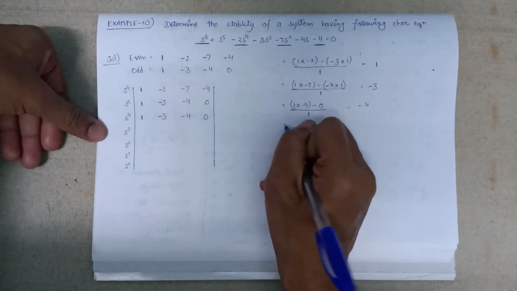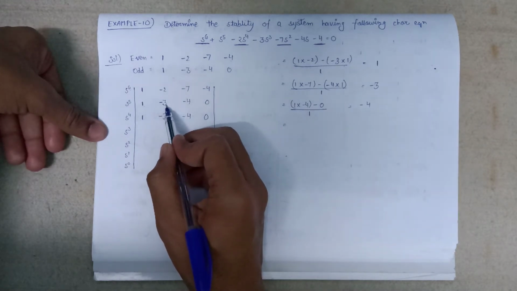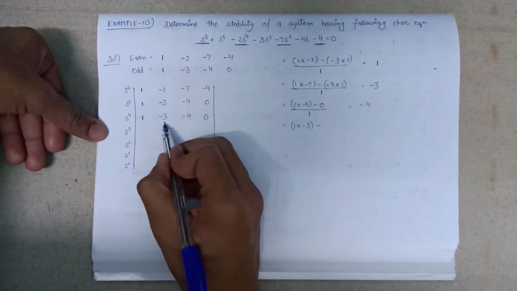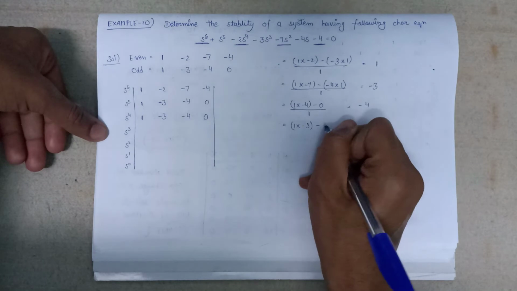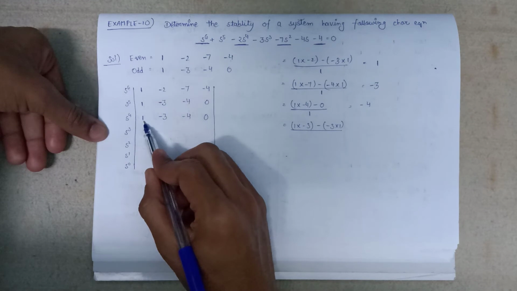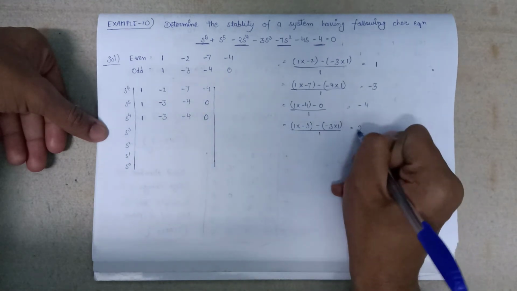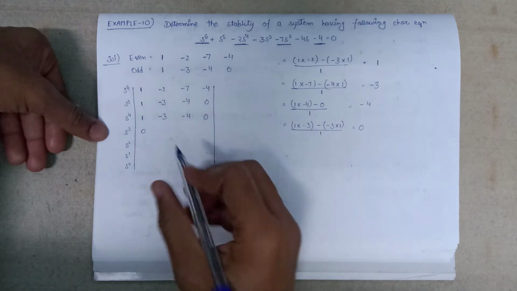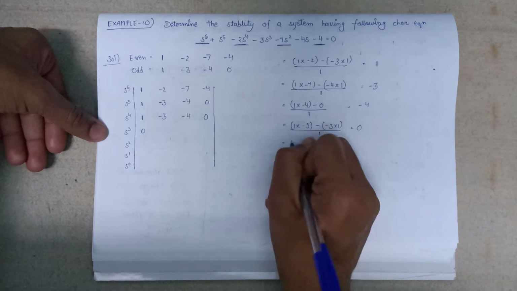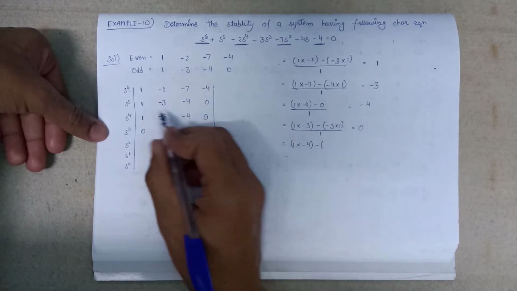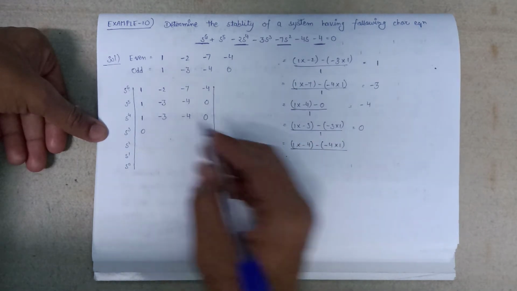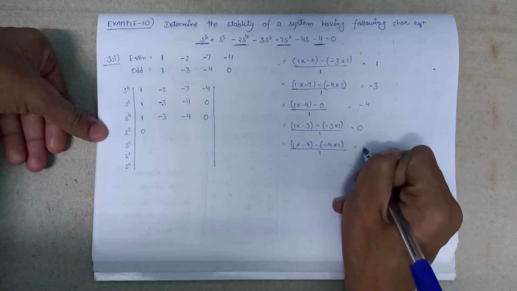Moving to the further multiplication, 1 multiplied with -3 minus -3 multiplied with 1, divided by 1, gives 0 here. Then 1 multiplied with -4 minus -4 multiplied with 1, divided by 1, gives 0 here also.